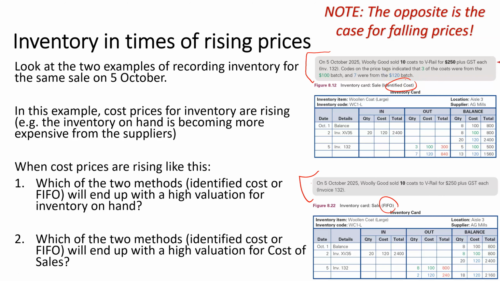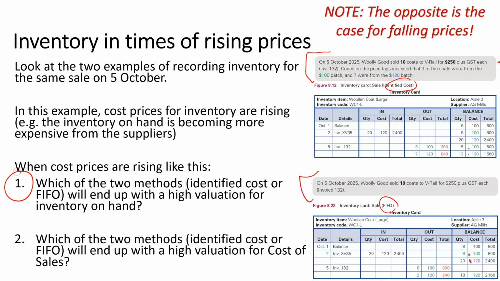So when cost prices are rising, what I mean by that is that the older stock is cheaper than the newer stock. And you can see that the older inventory is cheaper than the newer inventory in both examples. So you might want to take some time to have a look at these examples and think about the two questions on the screen.